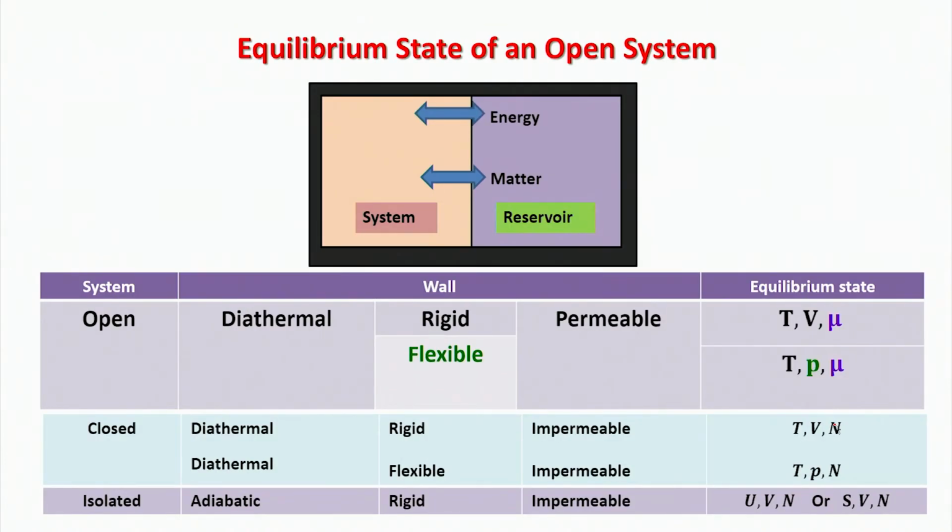So this basically tells me that what we are doing is simply generalizing the way we were looking at closed and isolated systems and the way we were defining the equilibrium state when we were varying the nature of the wall and hence the way the system interacts with its reservoir.